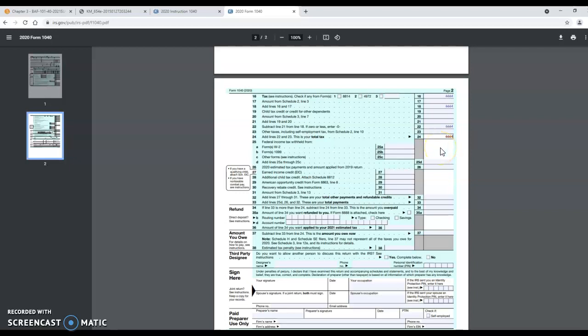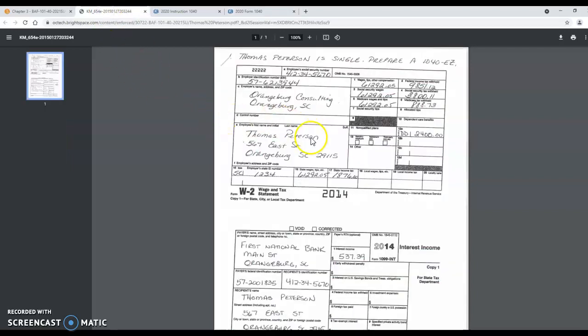However, he's already paid some in because he already had taxes taken out of his paycheck, and his employer took that money and sent it to the IRS already. And so that's line 25a, how much income tax was already withheld from his Form W-2. So we go back to his Form W-2, and in box 2 is the federal income tax withheld, $98.51 and 12 cents.